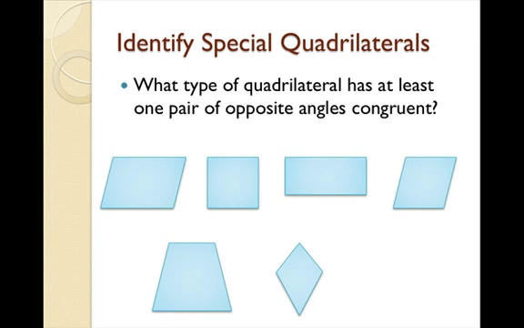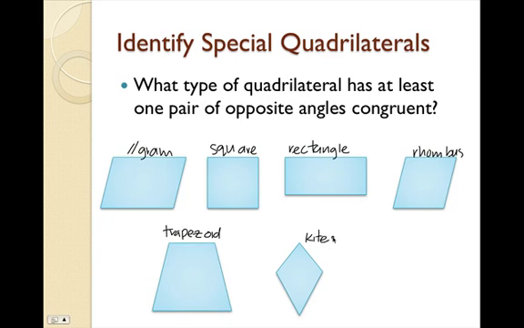We've got a parallelogram, a square, a rectangle, a rhombus, a trapezoid, and a kite.